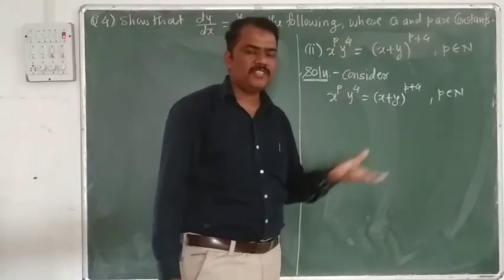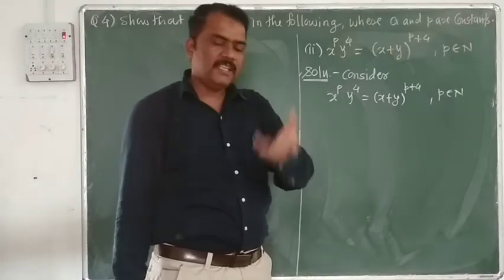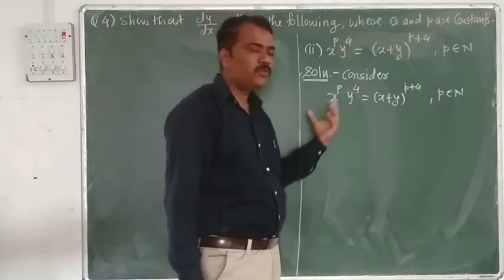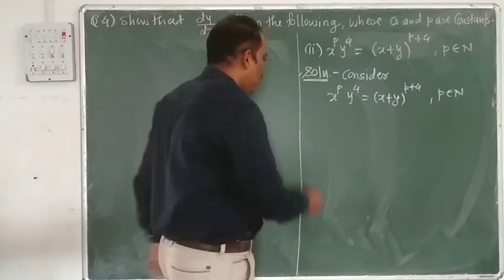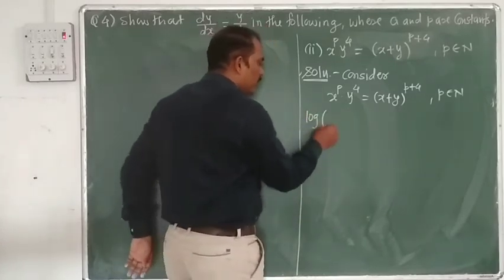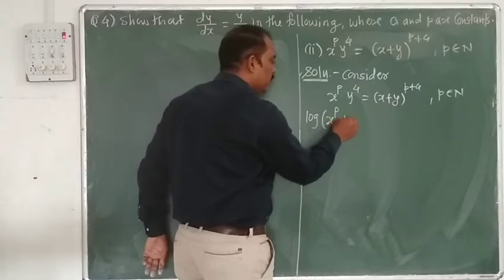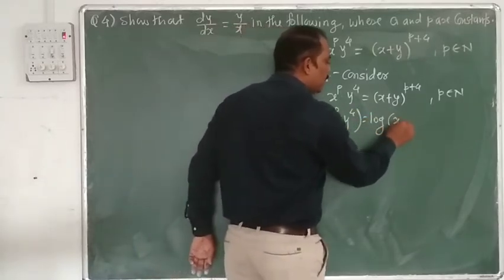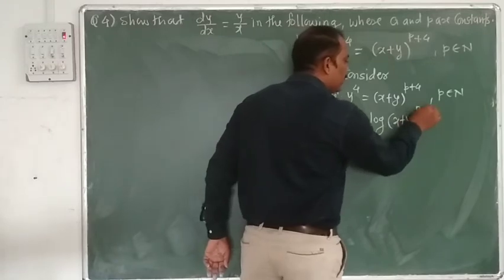We have already solved example number 1. In that example, we took the log on both sides. The same we have to follow here. By taking the log on both sides, log of x raised to p into y raised to 4 is equal to log of x plus y raised to p plus 4.